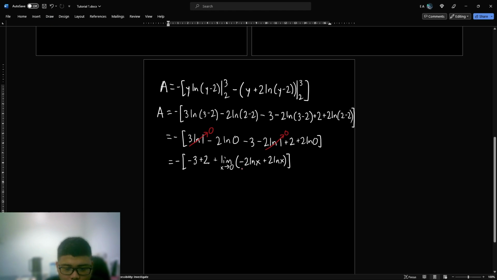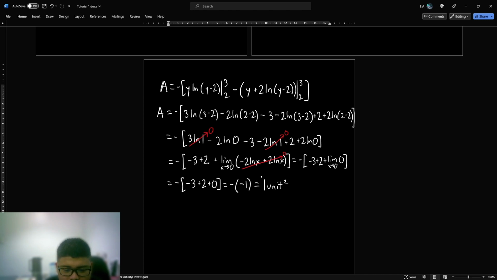So this is now equal to 0, which we could just say is negative of [negative 3 plus 2 plus the limit as x approaches 0 of 0], which is simply negative 3 plus 2 plus 0. Simplifying even further, we get negative of negative 1, which is equal to 1 square unit, and that is our final answer.